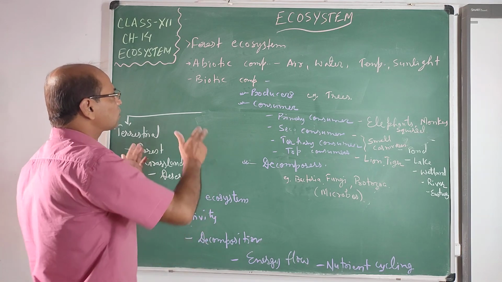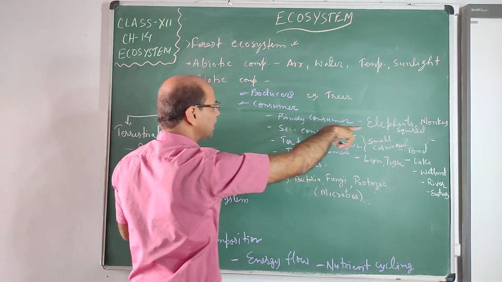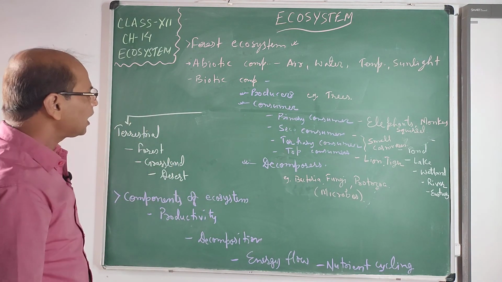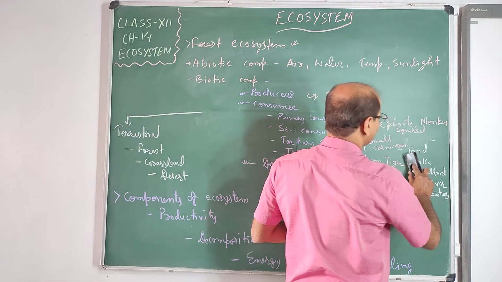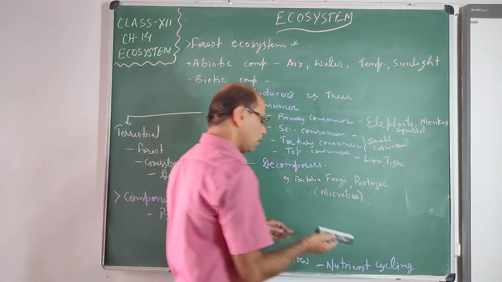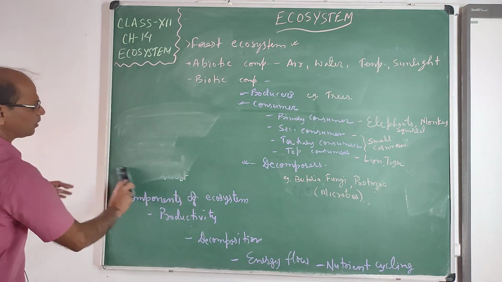So, understood what is going on in the first ecosystem? Like that, all the other terrestrial ecosystems have these particular activities. Now we discuss one aquatic ecosystem. So in an aquatic system, what happens?